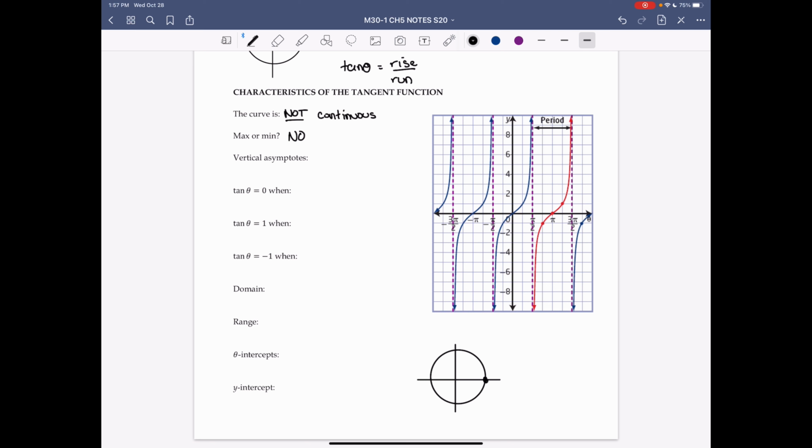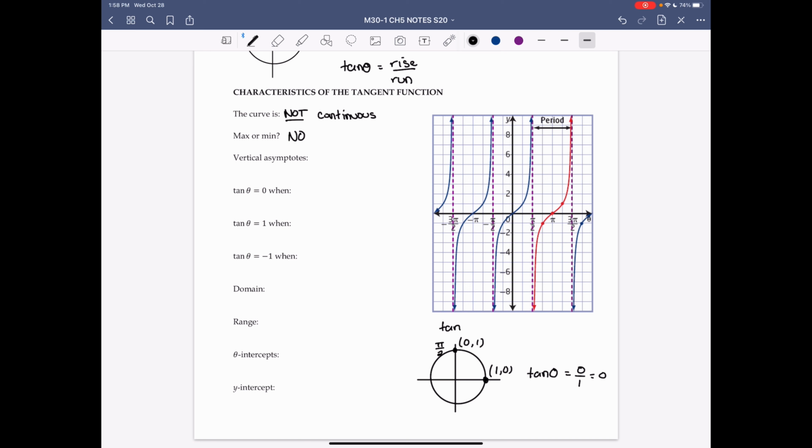At an angle of 0, the point on the unit circle is (1, 0). Then tan of 0 degrees or 0 radians is 0 divided by 1, which equals 0. At 90 degrees or pi over 2 radians, we have the point (0, 1).